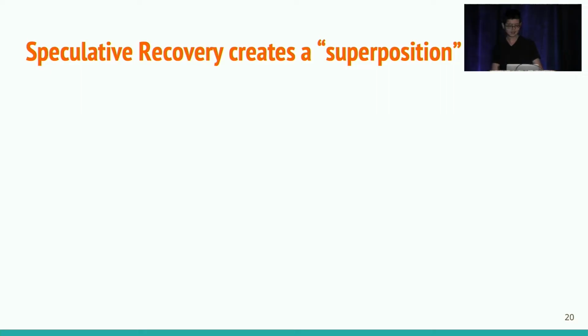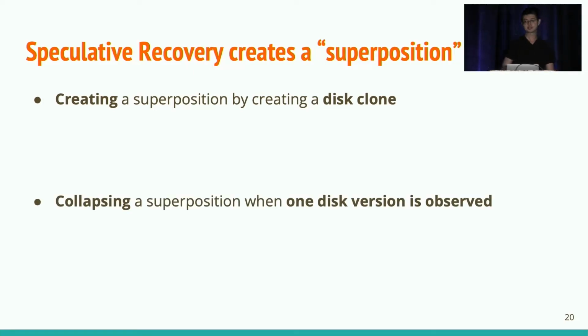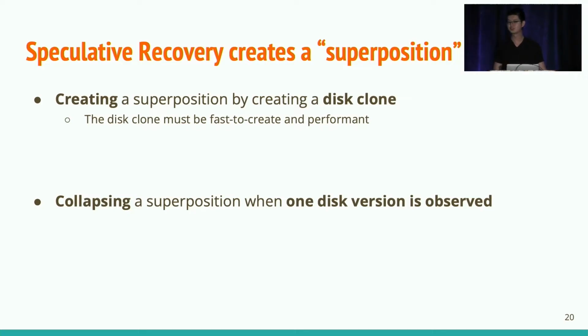So we say that a superposition is created when a clone of the application disk is created, and a superposition is collapsed when one of the disk versions is observed. For creating a superposition, the biggest challenge is how to make a disk clone fast to create as well as performant, because bad performance on a disk clone may significantly increase the time to finish recovery on the backup, which would neutralize any benefit from parallelizing the two instances.